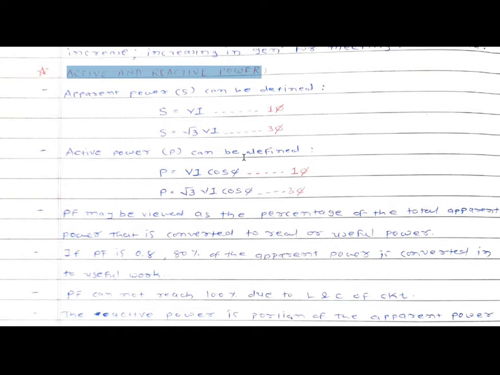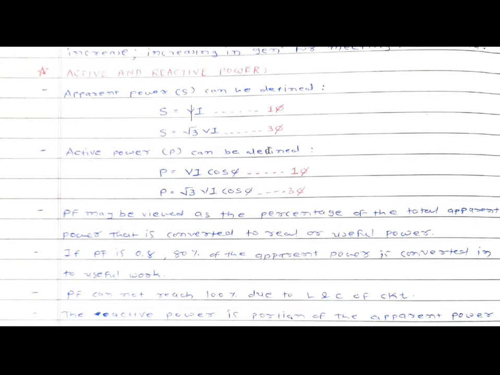Now the next topic is active and reactive power. We know that the apparent power S can be determined by S is equal to VI, where V is the voltage and I is the applied current. This is the equation for apparent power for single phase.